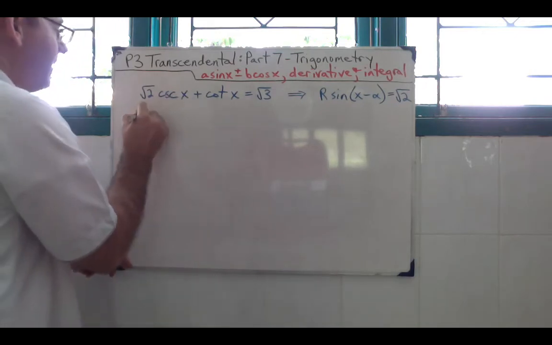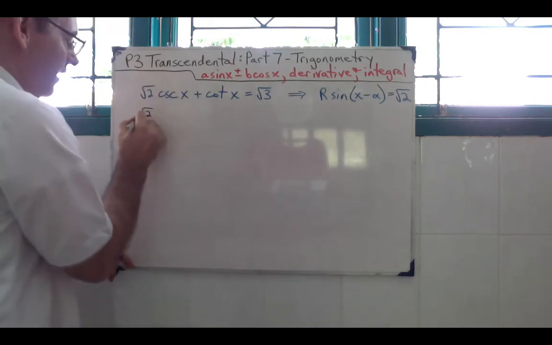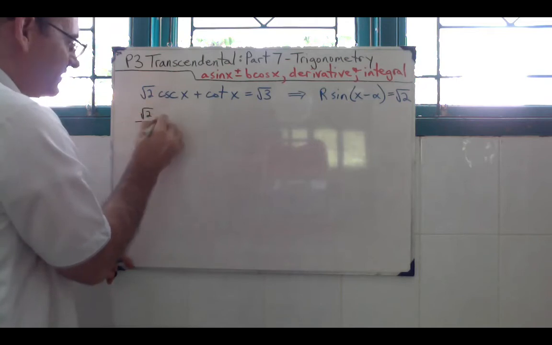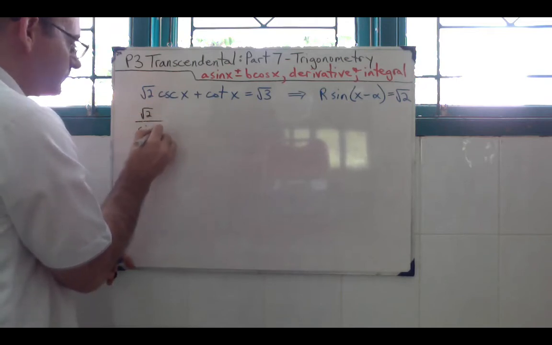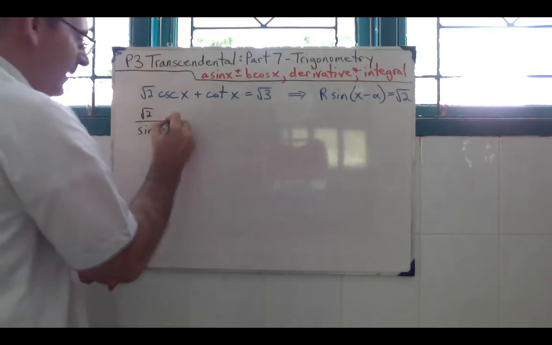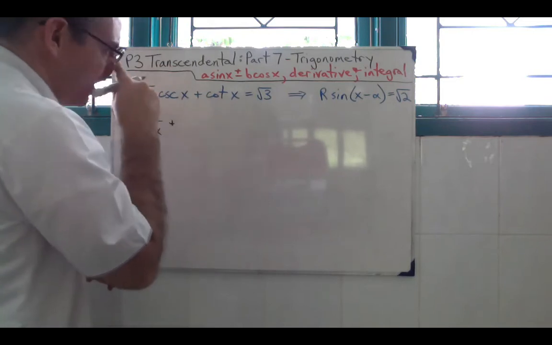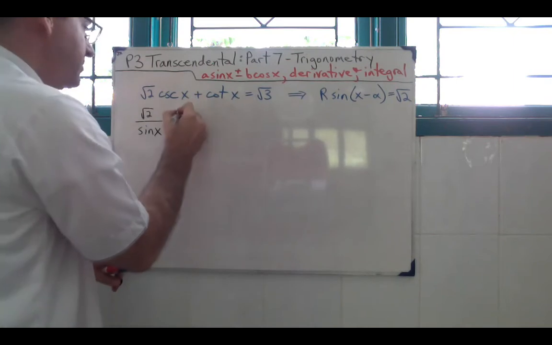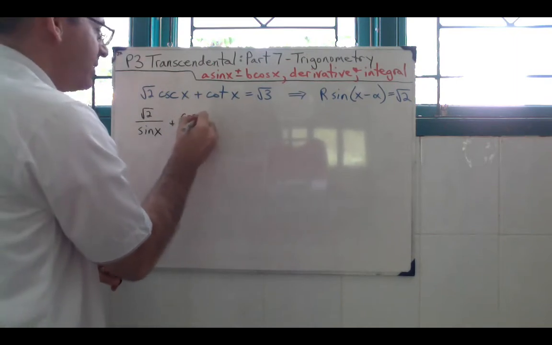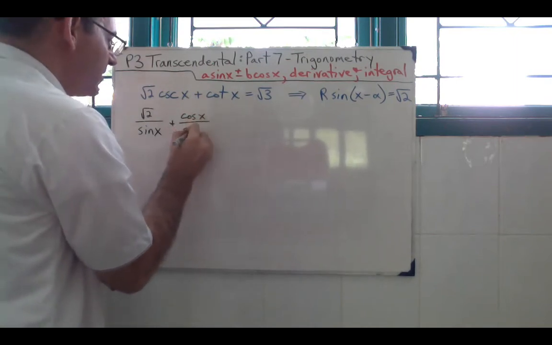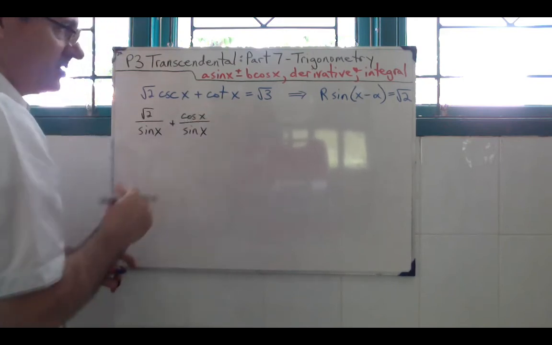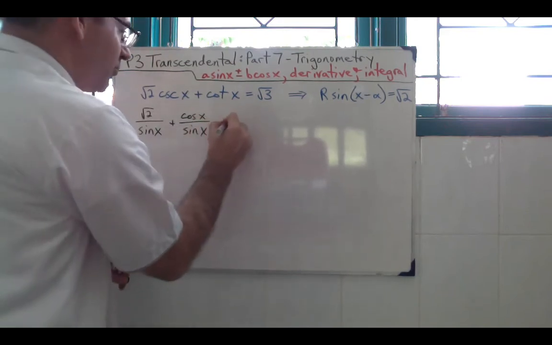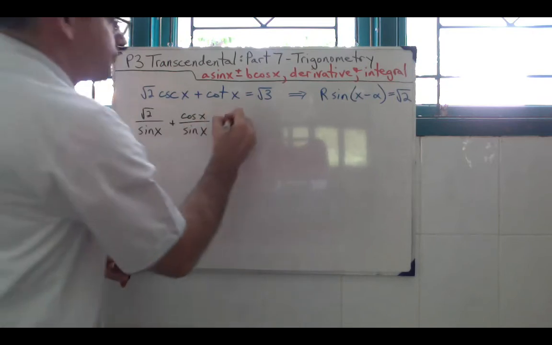So our cosecant is 1 over sine x. So we get root 2 over sine x plus, and then cotangent is 1 over tangent. Tangent is sine over cosine, so this is cosine x over sine x. That's cotangent, equals root 3.